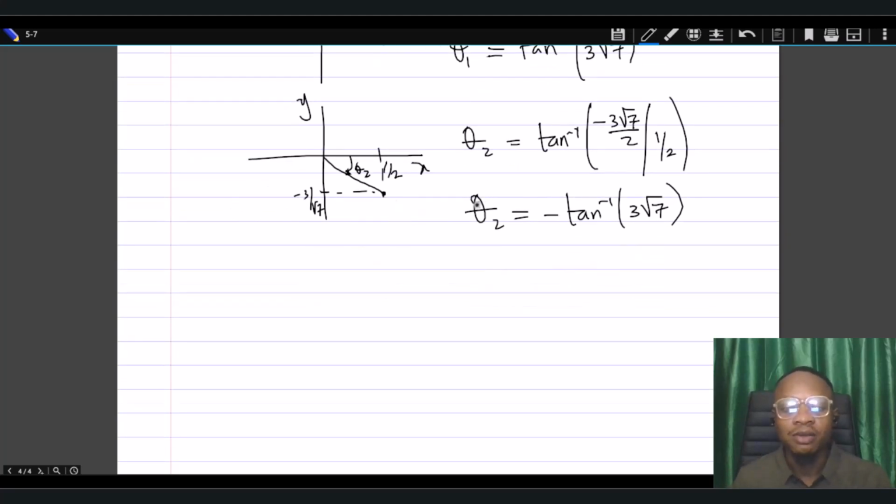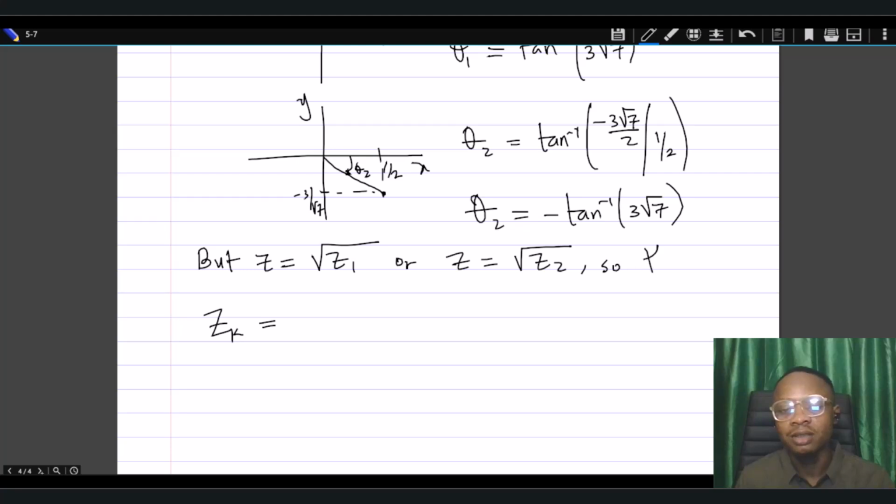Okay. So now going forward, we want to get the square root. So we can now say that z is equal to the square root of z1, or z is equal to the square root of z2. If that is the case, then we are going to have zk.